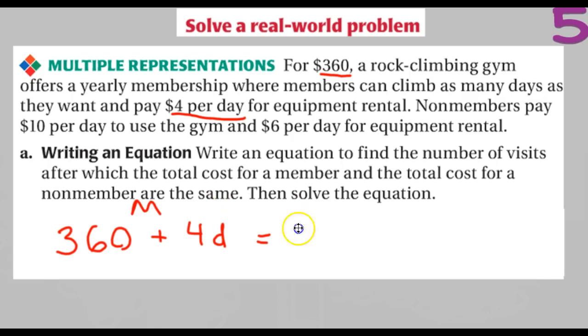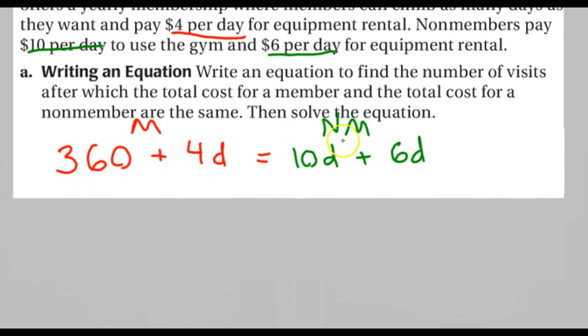Our non-member side, they pay $10 per day and $6 a day for equipment rental. So they're adding $6 every day that they go. So now we have a member side and a non-member side. So we need to figure out which number is going to be equal for both non-members and members.